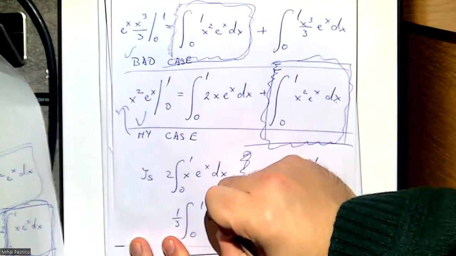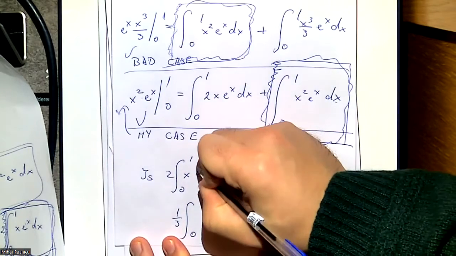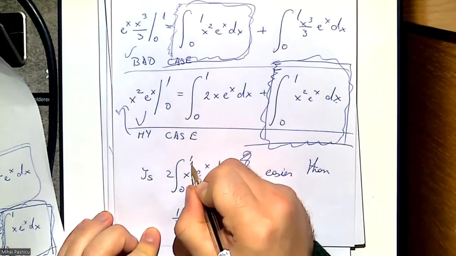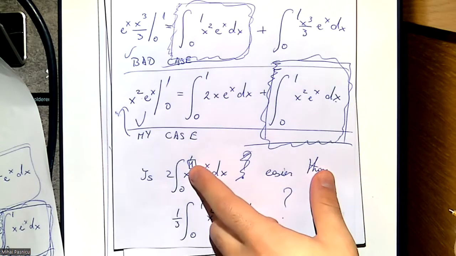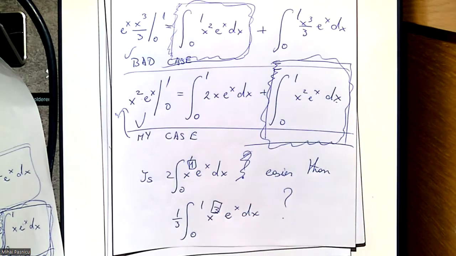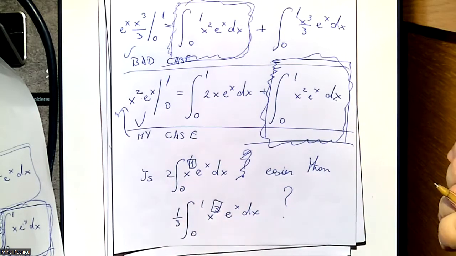You see the exponent. Let's put a 1 here. The exponent is smaller in my case. So if I apply by parts to it again, I can get rid of it. This will just grow. If I apply by parts in this case again, I'll get x to the 4, x to the 5th, x to the 2000. You're never going to finish the problem.